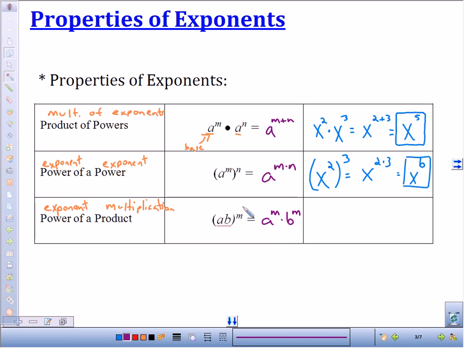So both of my individual terms got raised to the mth power. An example of that, we'll have a look here, would be, for instance, if I had x, y, two terms being multiplied together, raised to the second power. Well, it would be x raised to the second power times y raised to the second power. That will be the result.